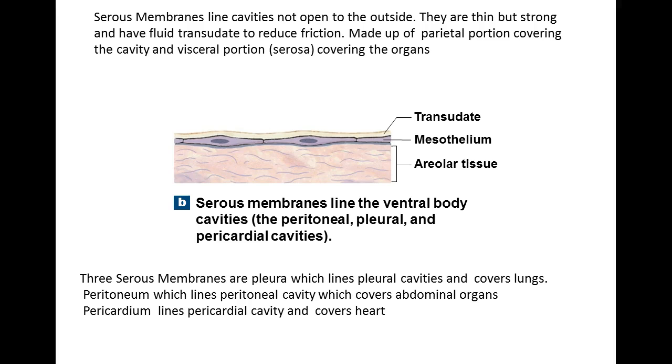Some protection, but they're very thin, mainly to reduce friction as that organ changes shape. There are 3 types, as I said: your pleura, your peritoneum, and your pericardium.